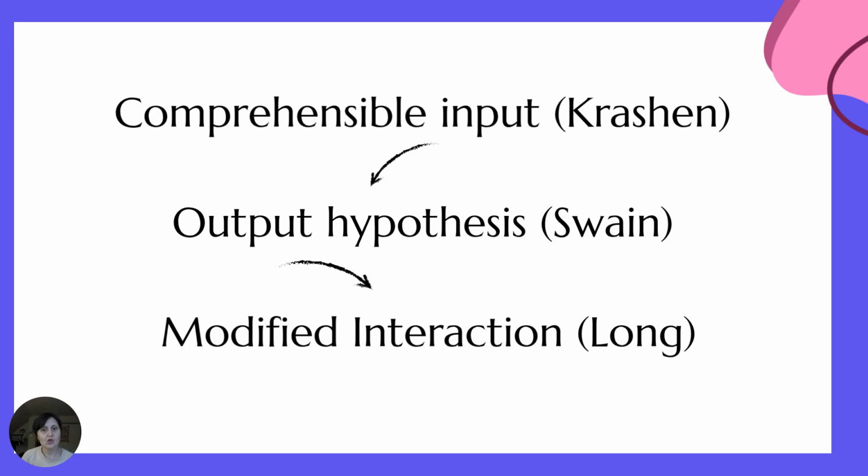And finally, Michael Long took it a step further, saying that truly we need to shift our emphasis from input or output to interaction, because it's only in the interaction that meaning can be negotiated. And negotiation of meaning is one of those key terms that is used in this chapter.